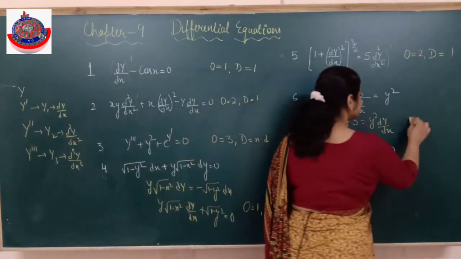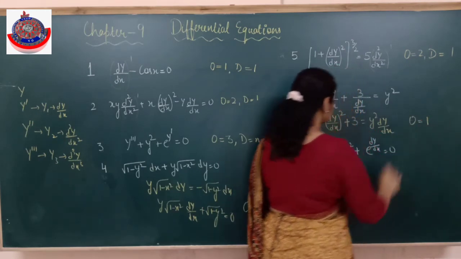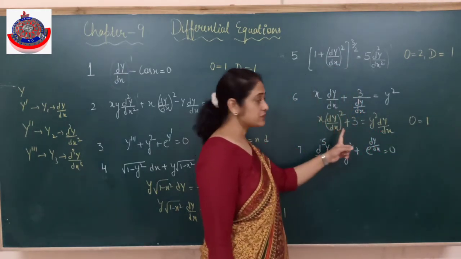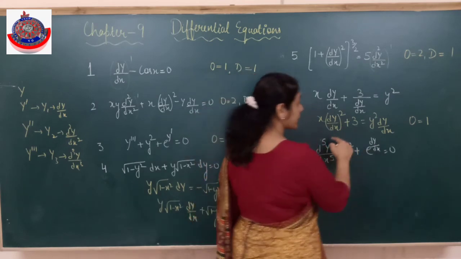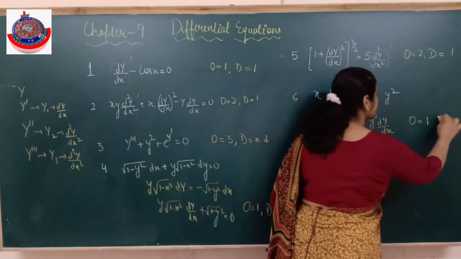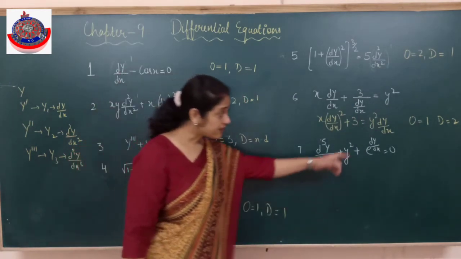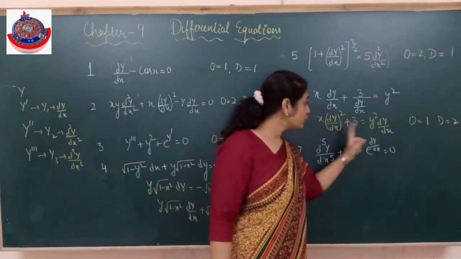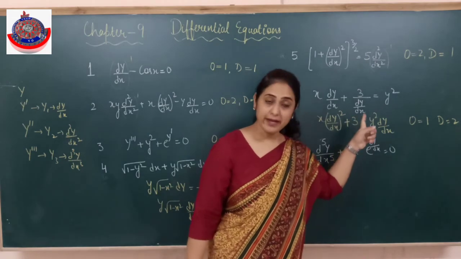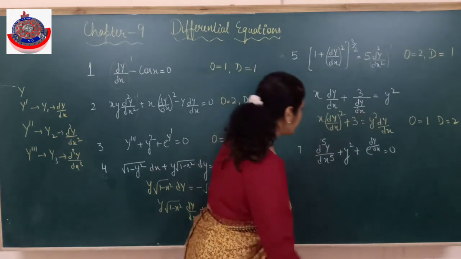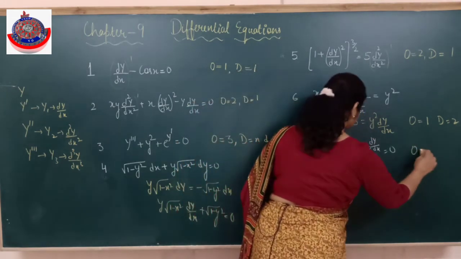So what is order? 1 because highest order derivative is 1 only, और उसकी डिग्री 2 because dy upon dx की जो हाईएस्ट पावर है that is 2. अब dy upon dx यहाँ भी है, लेकिन इन दोनों में से हाईएस्ट पावर जो है that would be my degree.